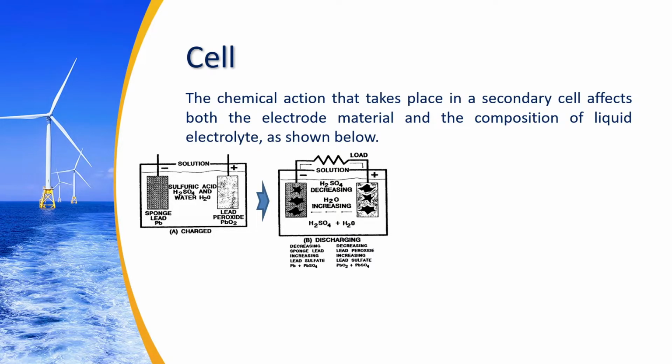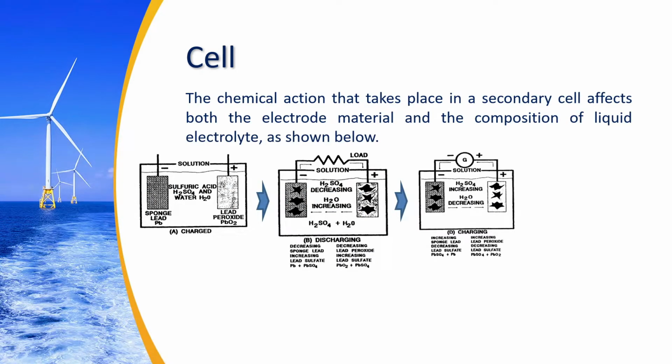So, kapag nag-discharge siya, mapapansin natin na yung sponge lead niya is nagde-decrease. Then, yung lead sulfate niya is increasing naman. So, maging naman sa kabilang electrode, na kung saan yung lead peroxide natin is nag-decrease, then yung lead sulfate is nag-increase. So, ganun nangyari kapag discharging.